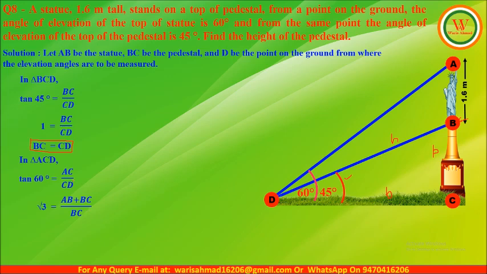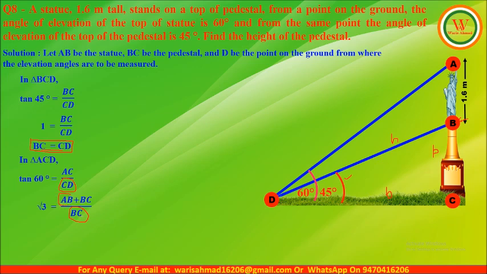Now on the place of CD I have written BC. Why have I written BC here? Because just now we got that BC and CD are both equal. So on the place of CD we can write BC. After that we have to put the value of AB.